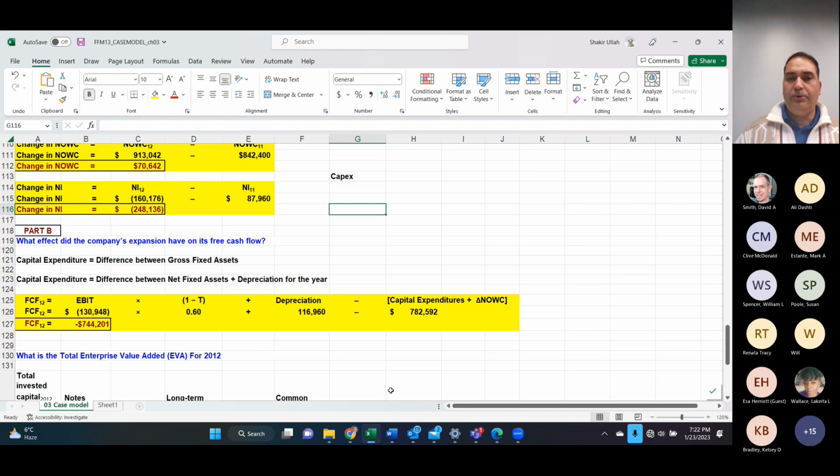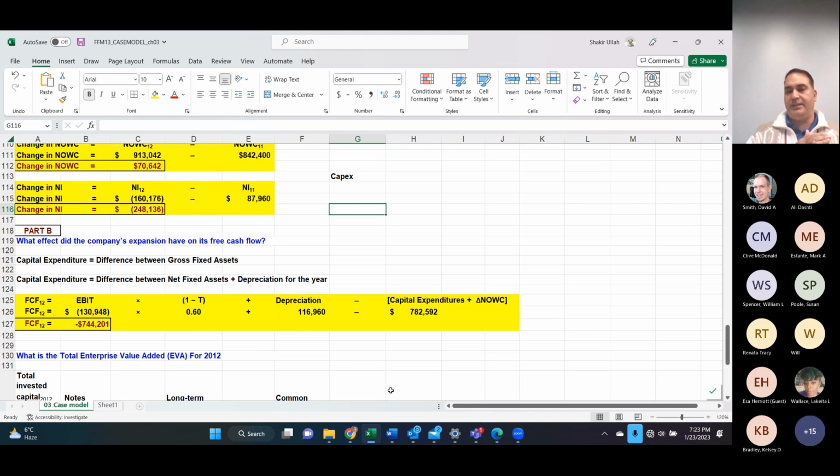Free cash flow for the business is you generate cash flow from your operations and you invest part of that in long-term assets. So some of your cash flow is stuck over there, and part of that is getting stuck in the operating working capital. And the remaining cash flow is what we call the free cash flow.